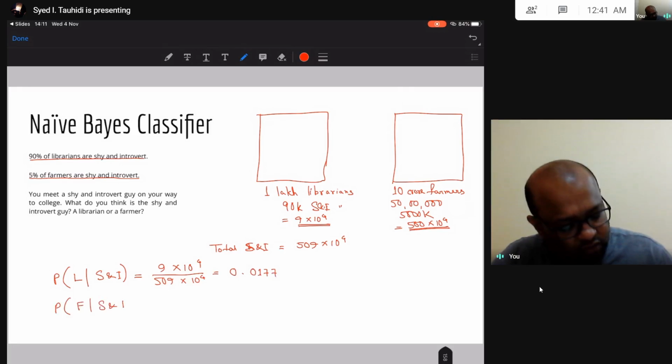And the probability of that person being a farmer given that the person is shy and introvert is equal to how many farmers are there: 500 into 10 to the power 4 divided by 509 into 10 to the power 4.